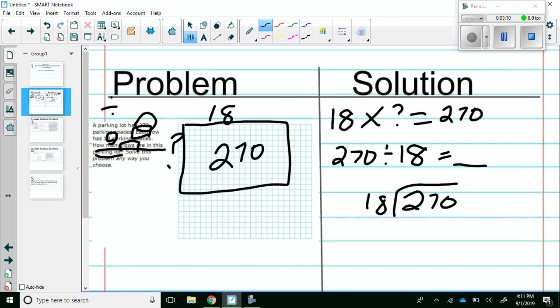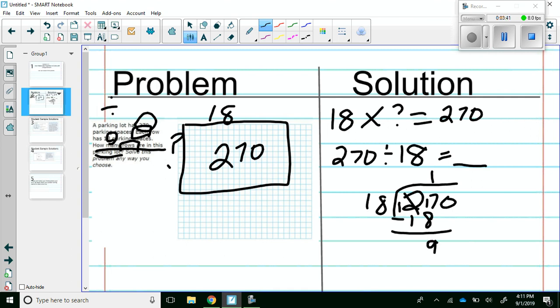At first, I want to take my number 18 and divide it into 27 first. I know 18 can go into 27 one time. 1 times 18 is 18. Then I want to subtract. 7 minus 8, I cannot do that, so I need to borrow 1 from the 2 to give myself 17 minus 8, which would equal 9.